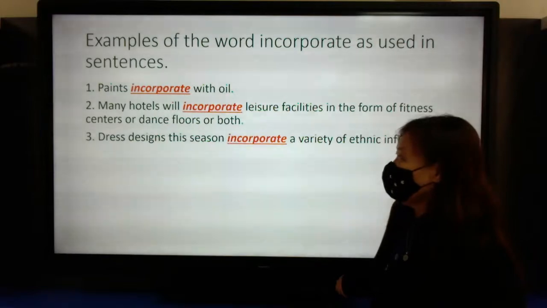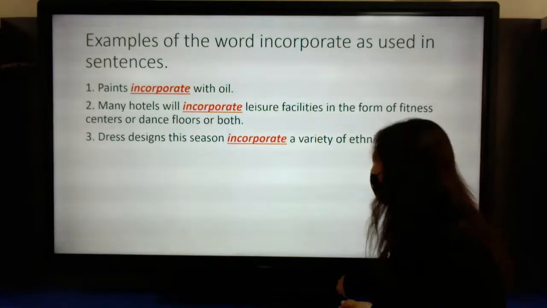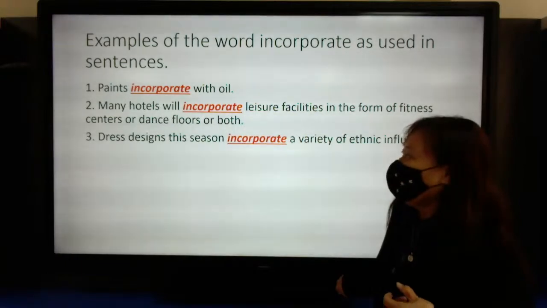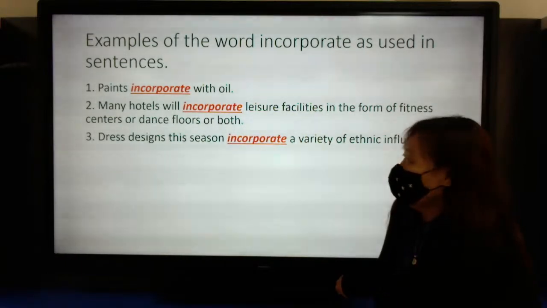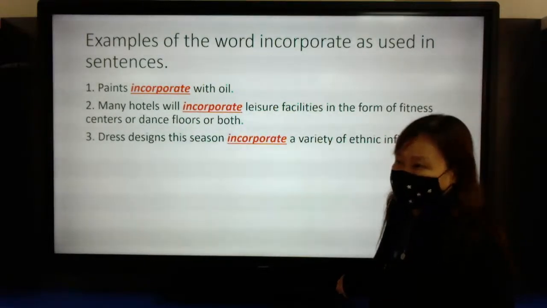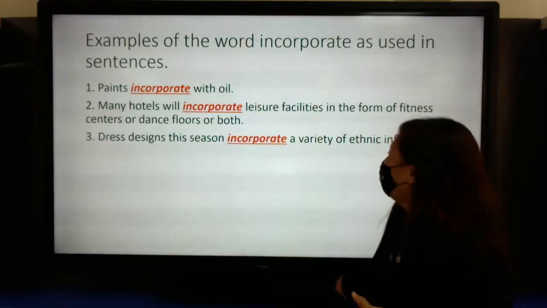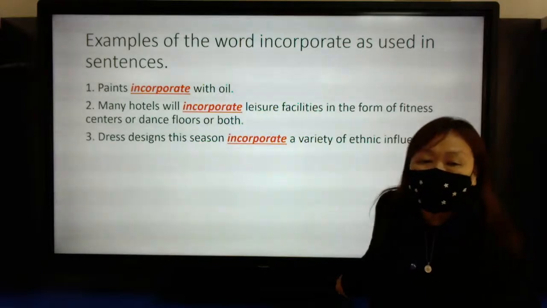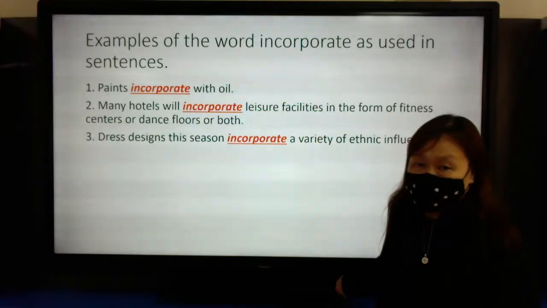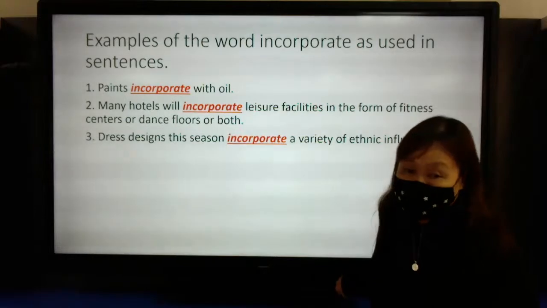Number two, many hotels will incorporate leisure facilities in the form of fitness centers or dance floors or both. So the hotel itself will add leisure facilities. And what are these leisure facilities? We have fitness centers and dance floors. So incorporate simply means to add to.